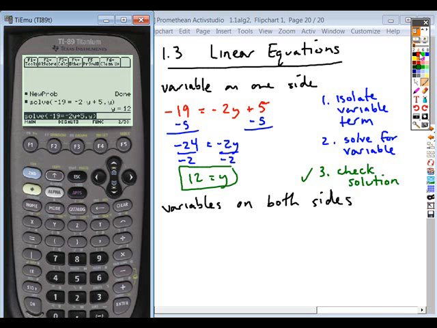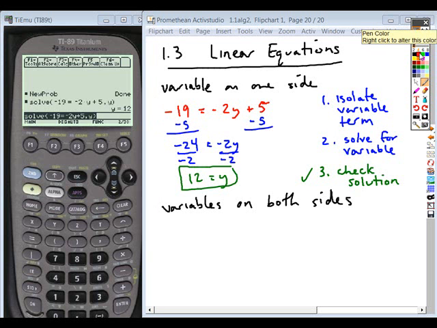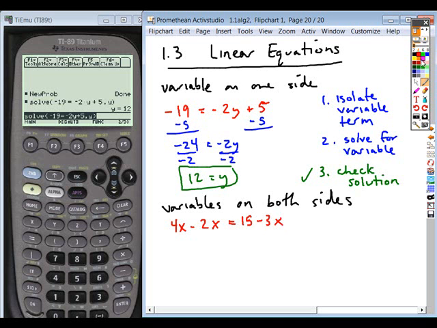If the variables are on both sides of the equation, again, solving by hand is nearly identical. There's just one added step to it. So if we talk about the steps for this equation, if you needed to solve, the only step that you need to add to what we have written up above is what? Any ideas?